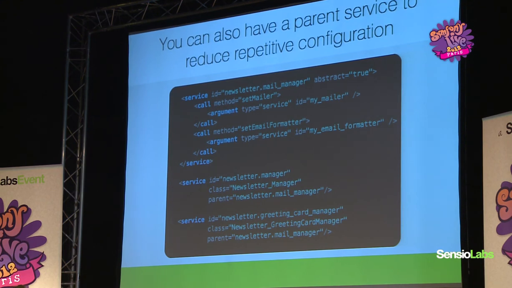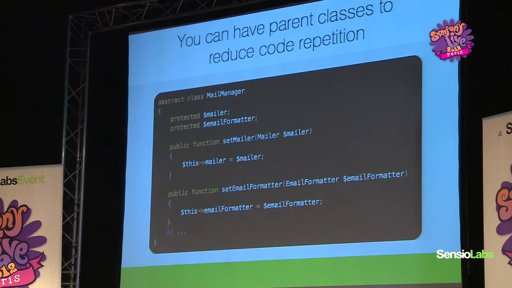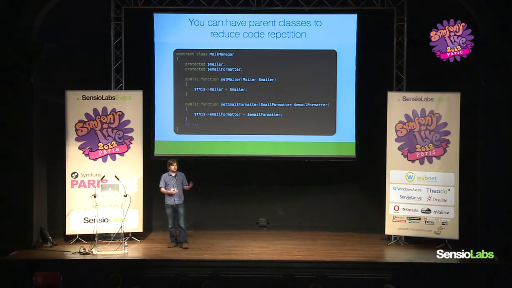So we've got multiple classes that have the same setter methods. We're having to add a mailer and an email formatter in this case into the classes, and we've got several things that want these, so we can pull those methods into a parent class, and save the repetition.